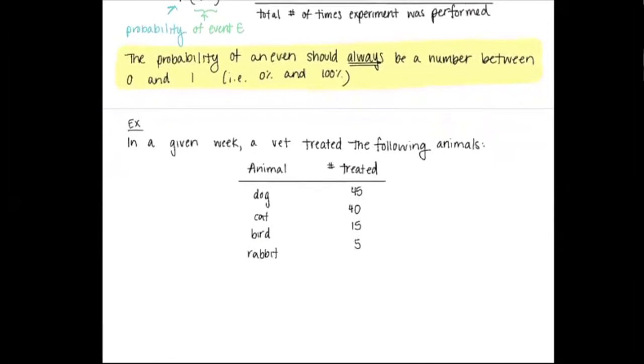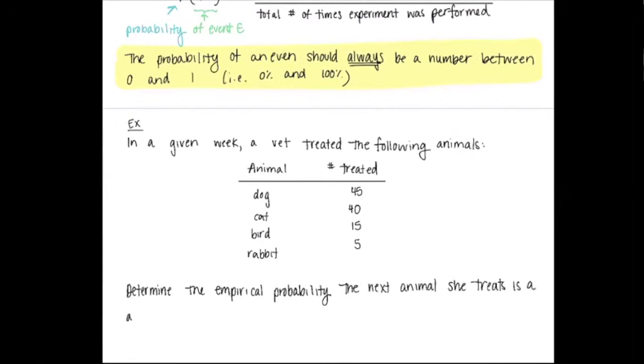We're going to determine 2 different probabilities. And this is empirical because these probabilities could change week to week. So determine the empirical probability that the next animal she treats is a dog. Okay.